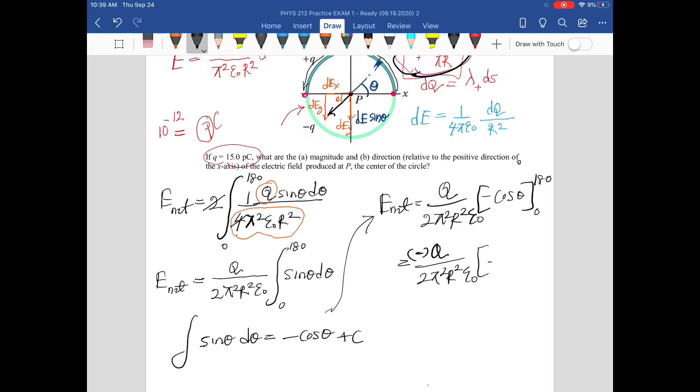I'm going to take this minus sign out. Cosine 180 is minus 1, and cosine 0 is 1. So I end up with minus minus plus 2q divided by 2 pi squared r squared epsilon naught. That is q divided by pi squared r squared epsilon naught.